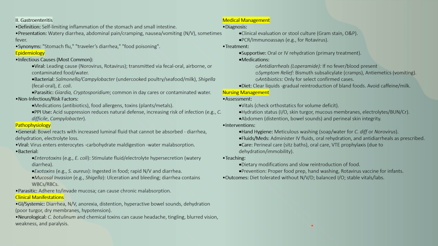Here are my notes for this disease, gastroenteritis: a self-limiting illness characterized by inflammation of the stomach and small intestine. We have watery diarrhea, abdominal pain, cramping, nausea, vomiting, and sometimes fever.